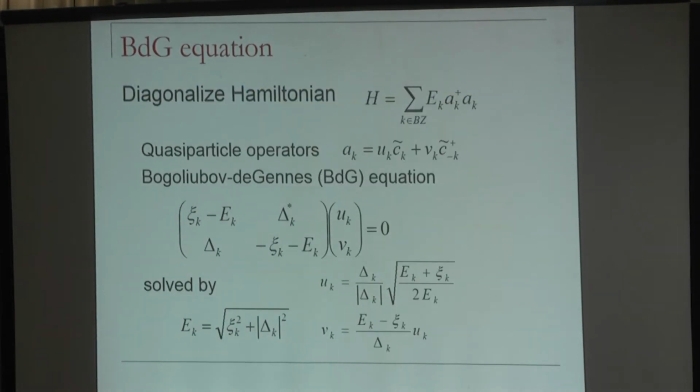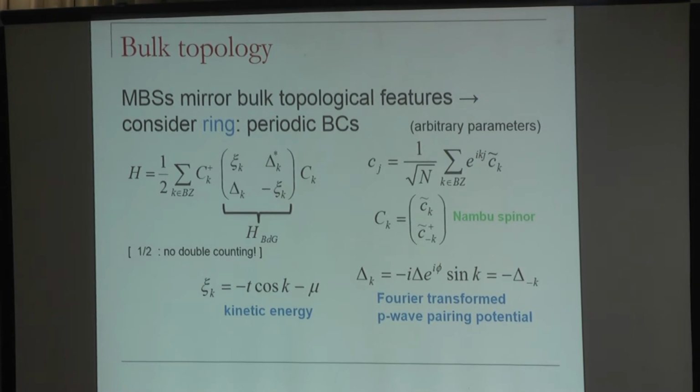Let me go back. Here, this is our BDG Hamiltonian, and now we want to see a long wavelength, small k expansion of this Hamiltonian, and it will be sufficient to go just to linear order in k. It's a controlled approximation to drop already k² terms.